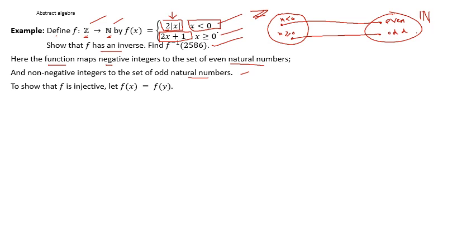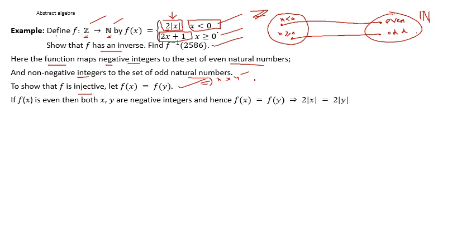So we have to take both cases, negative integers and non-negative integers. First we show that f is injective. Assume fx equal to fy; we will show x equal to y. Suppose fx is even, since fx is either even or odd. Then x must be a negative integer.